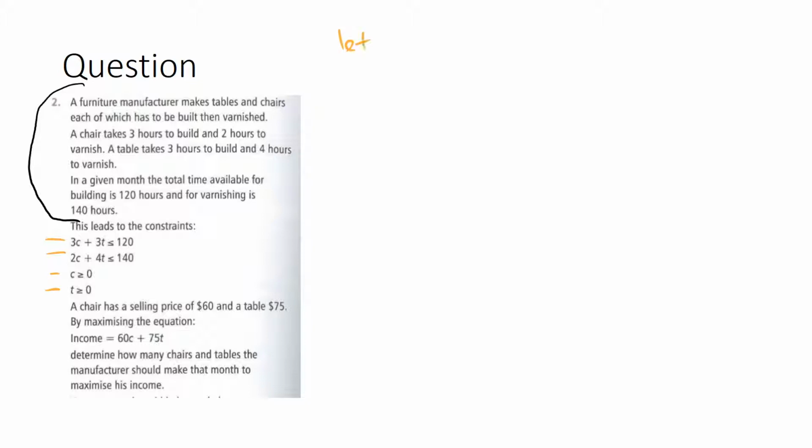So we're going to say let c, which is the number of chairs, be x, and let t, tables, be y. So furniture maker, it takes 3 hours to build and 2 hours to varnish. 3 hours to build, 4 hours to varnish.